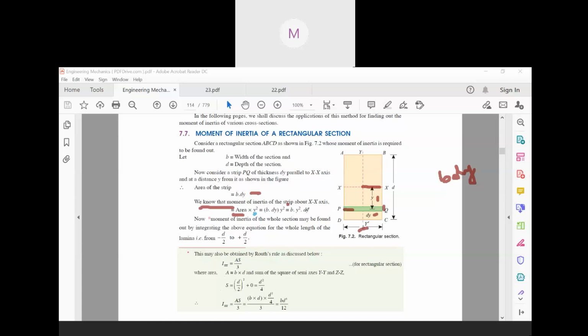This is the moment of inertia of the strip about the x-axis. Now the moment of inertia for the whole section may be found out by integrating.